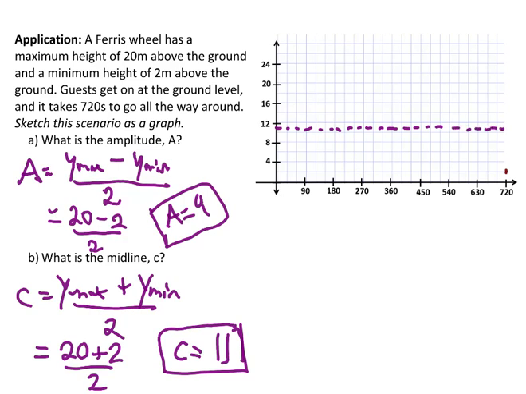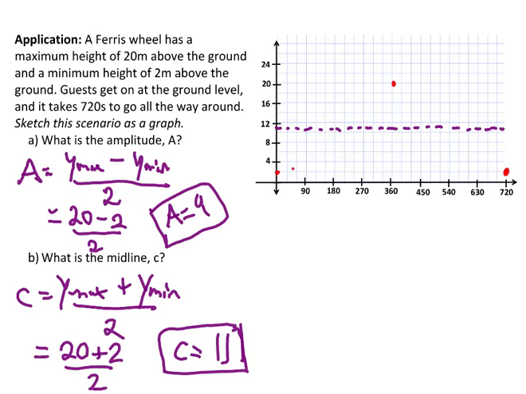The other thing I know is that it starts out at 2 here, so that'll be down here, and guests get off at 2 meters as well after 720 seconds to go all the way around. Halfway in between that, they'll reach their max, so the maximum will happen at 360 seconds, and the maximum is 20.